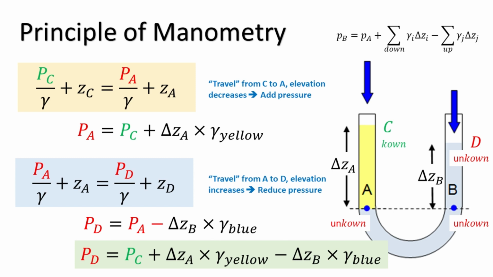For the part from A to D, we can use another hydrostatic equation to find pressure PD represented by pressure PA. As we substitute the pressure PA from the first part, we can see that the principle of manometry has been verified. If there are more fluids in the manometer, the same principle applies. We will discuss this example in another video through step-by-step explanation. Stay tuned for the update.